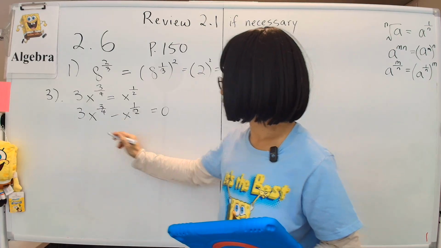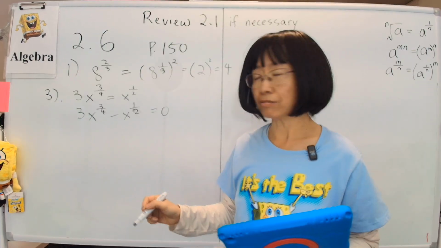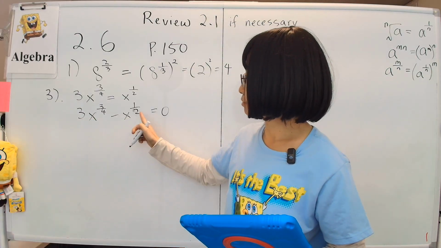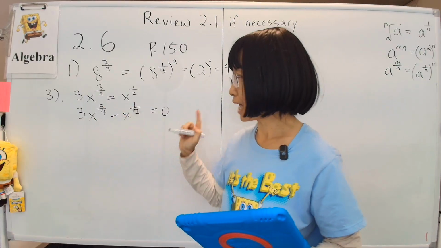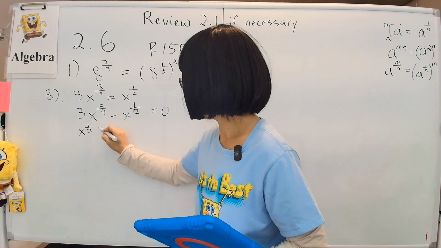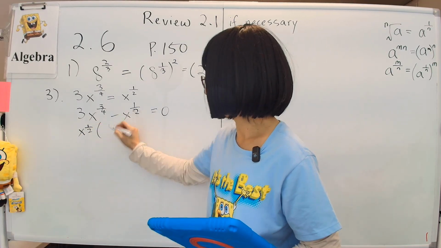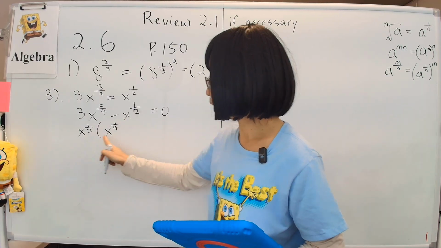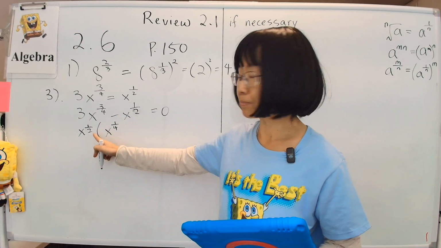At this point, we will factor this out. What is the common factor when you have 1/2 and 3/4? What you have is 1/2. That is, if you pull out x to the power 1/2, what you have left here is x to the power 1/4. The reason is because when you multiply these two things together, the exponents add.